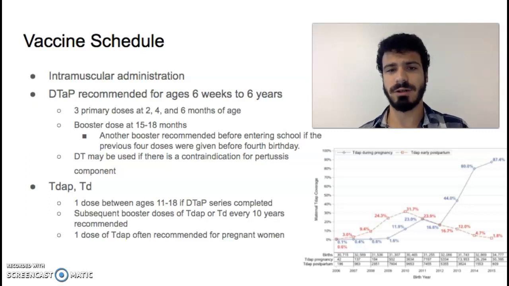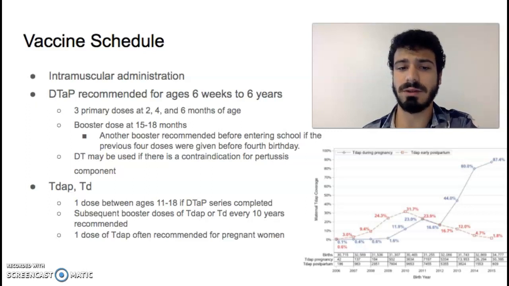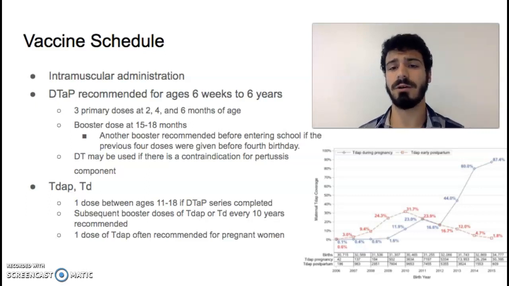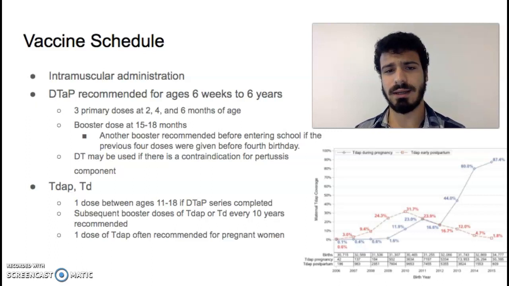And so generally there's 3 primary doses occurring at months 2, 4, and 6. And then after these 3 primary doses, there's a booster dose at around 15 to 18 months. And then there's another booster that's recommended before entering school if the previous 4 doses were given before the 4th birthday. So between 4 and 6, another dose is recommended.